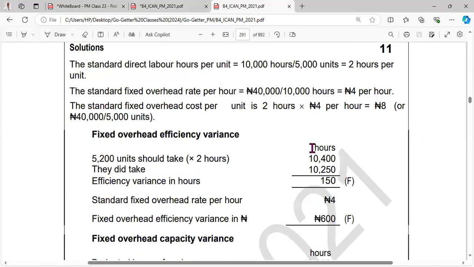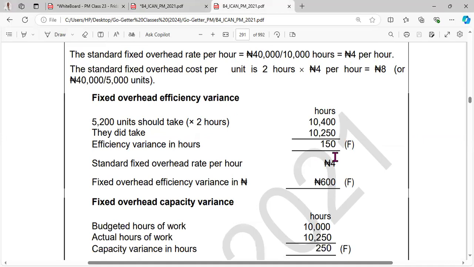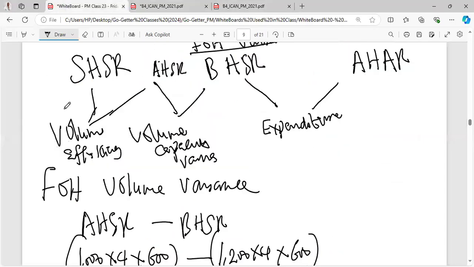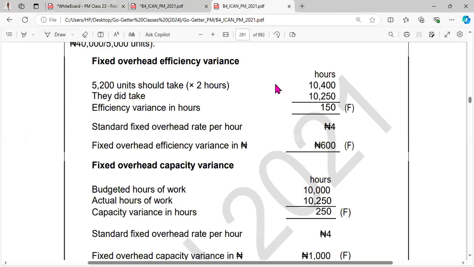Fixed overhead efficiency variance. Let's try it this way. Efficiency: standard hours, standard rate, actual hours, actual rate. Let me see. It's going to work. Okay.